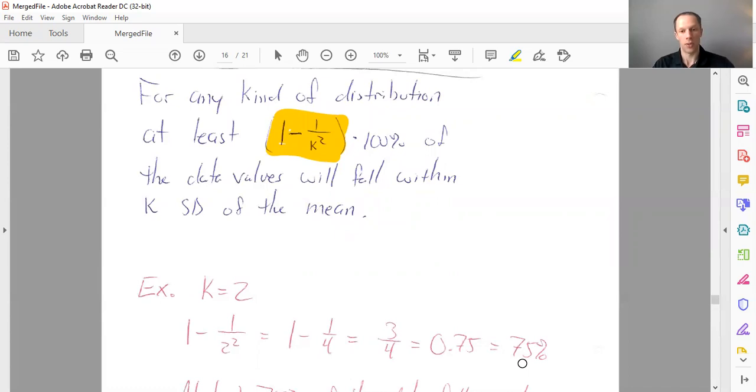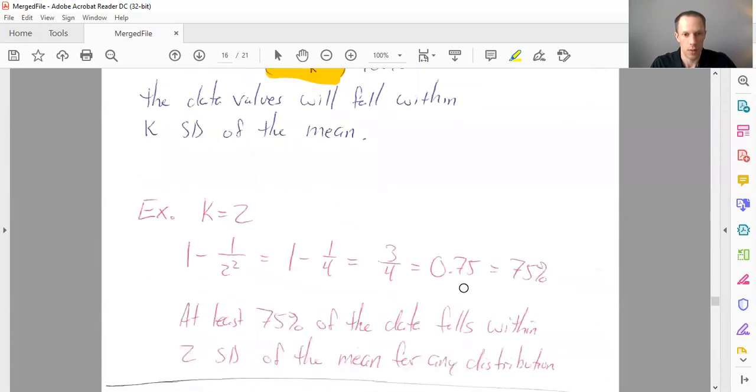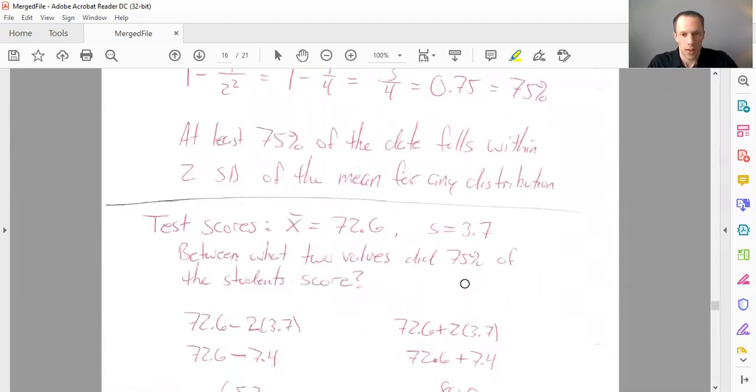Now remember, for normal distributions, it's 95%. With normal distributions, we can say that it's not just 75%, but as much as 95% is within 2 standard deviations. But we don't always have normal data, so sometimes we have to use Chebyshev's theorem. So let's say we had some test scores where the average was 72.6 and the standard deviation was 3.7. We could ask, between what 2 values did 75% of the students score?